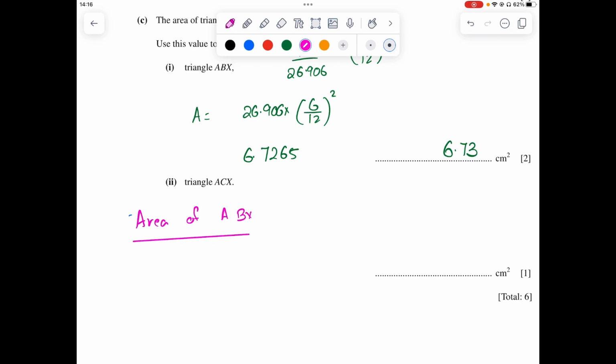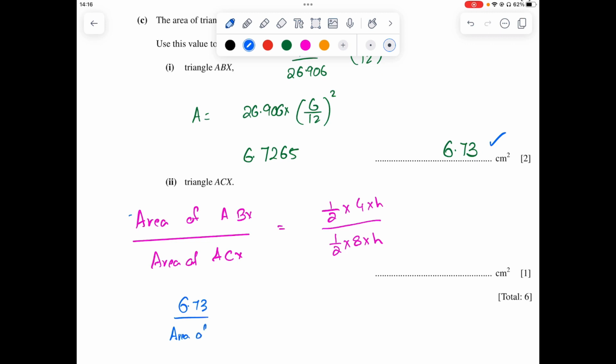So area of ABX upon area of ACX. Area formula is half times base. Base of the ABX was 4 times height, I don't know. Then half times base of ACX is 8 times height h. Now area of ABX just now we have found is how much? 6.73. And area of ACX we have to find.